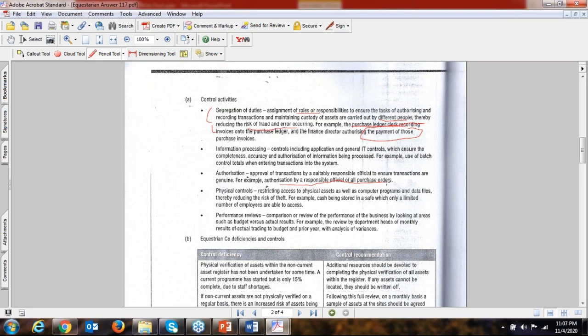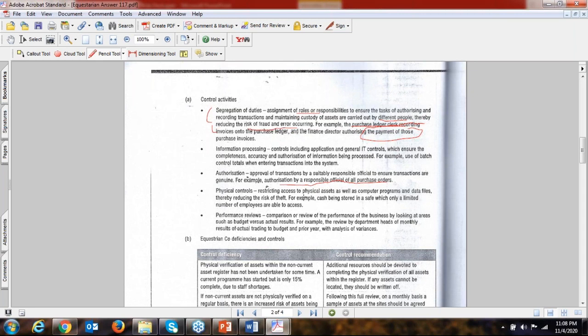Any check made in the organization comes to the director after being signed by me. If my signature on the check is not present, the director rejects that check. So I am the only authorized person to approve, or you can say endorse, that check, that the payment is authentic and genuine. So this is the example of the authorization.